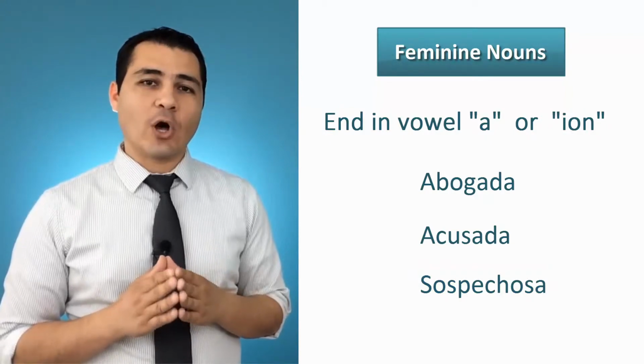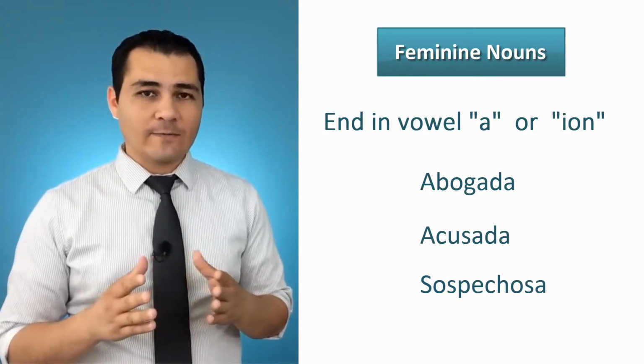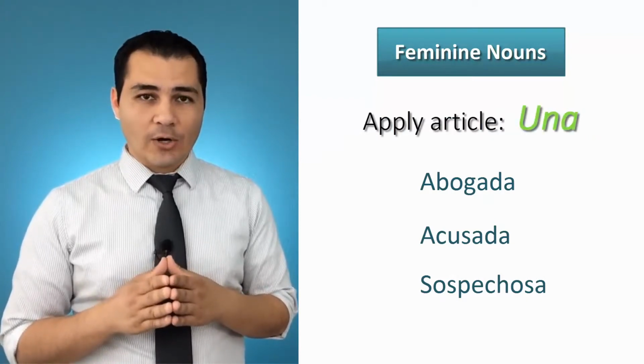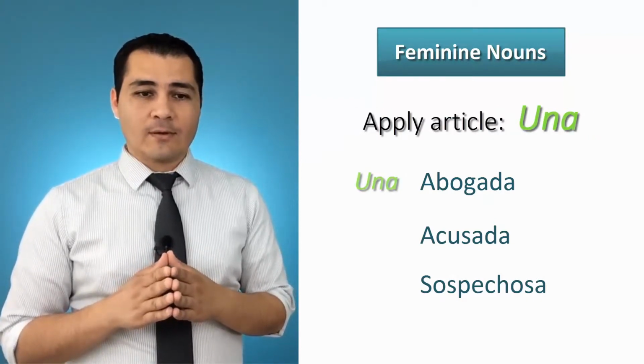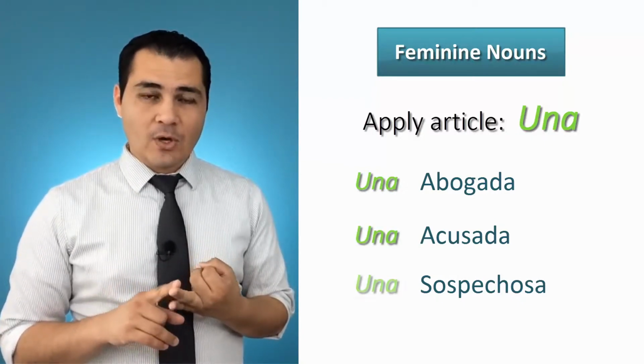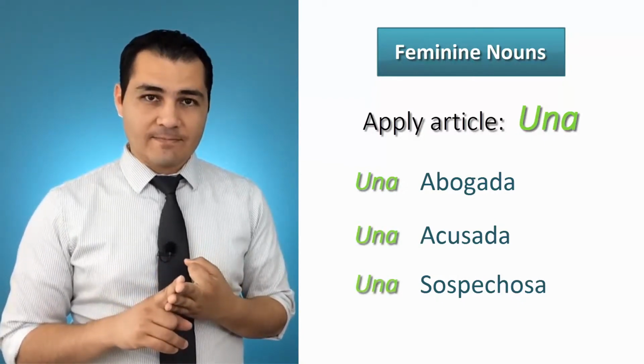These three examples all end in vowel A, therefore they are feminine nouns, and we must use indefinite article una. Una abogada, una acusada, una sospechosa.